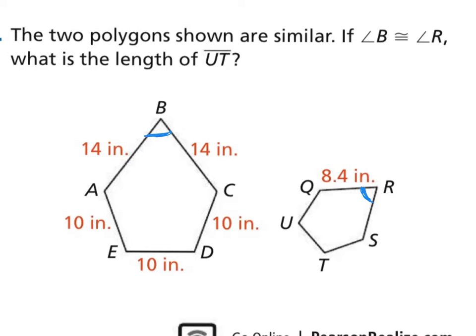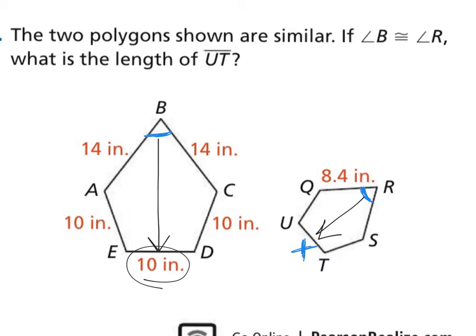What that does, that gives us a reference point. So if I'm trying to find the length of UT, I'm going to put an X over here. UT, I can look at where that side is in relation to the angle that I know. So this we can see is directly below that angle that we know. So directly below that angle we know here would be the 10 inches.